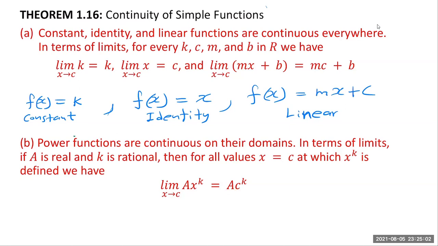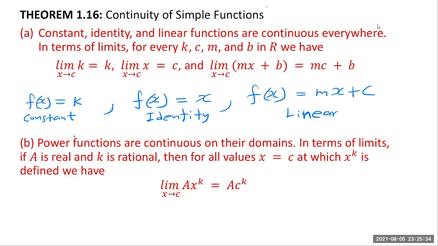What this means is that if this point c is in the domain of this power function, then to find the limit, you can plug in this value for x. That's all it tells you. That's just the definition of continuity. If you know that this function is continuous at x = c, then you can plug in the value c in the function to find the limit.